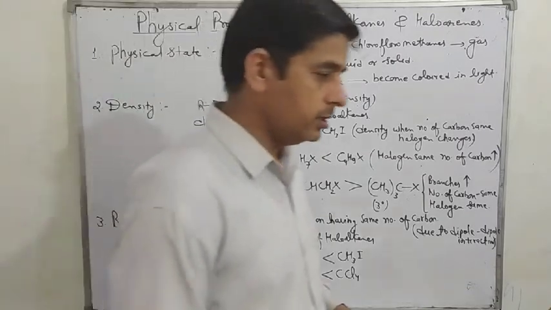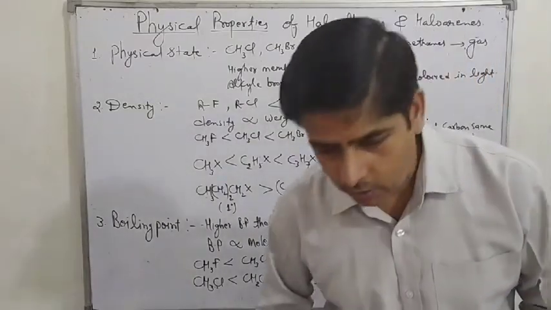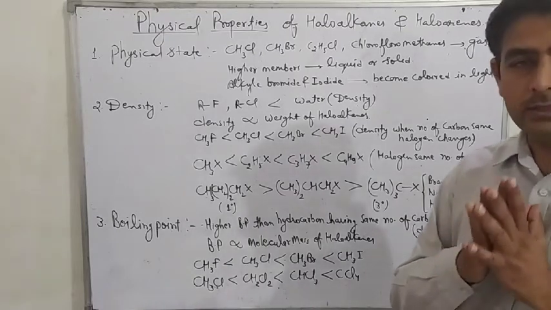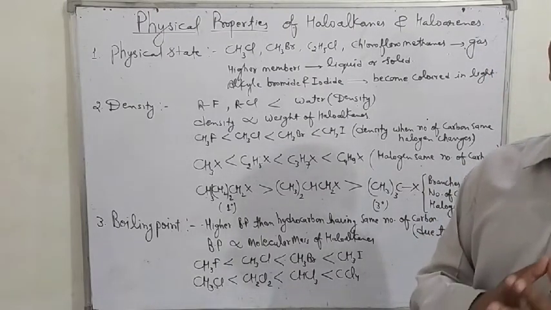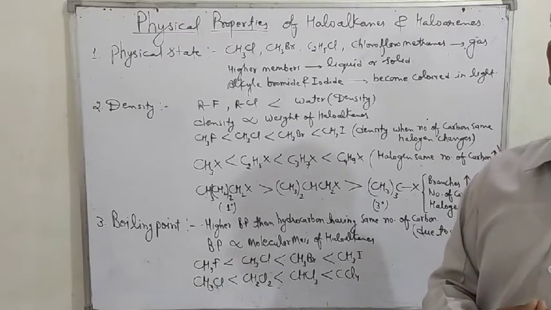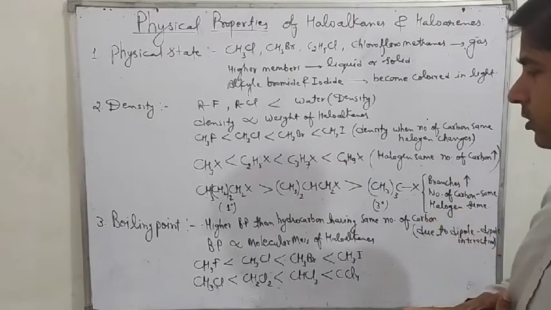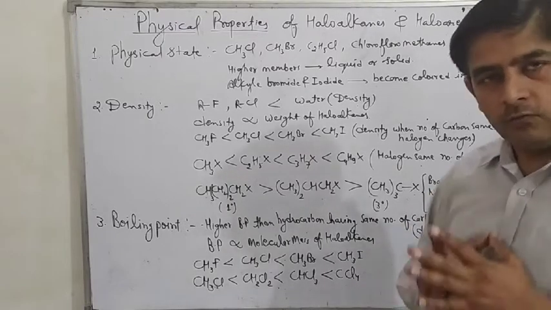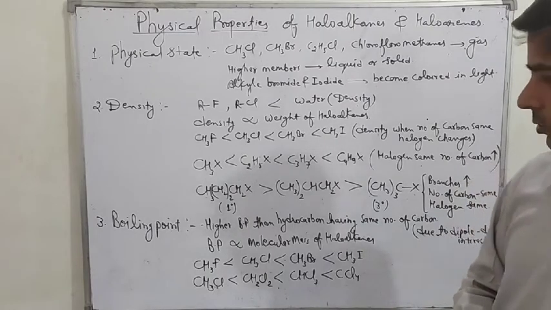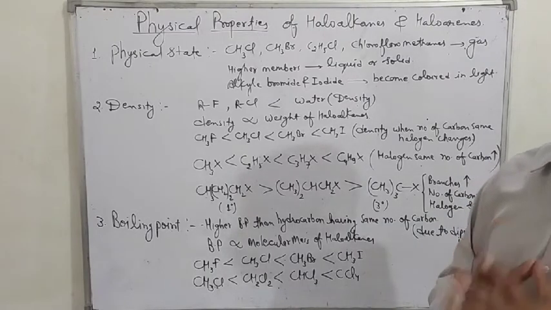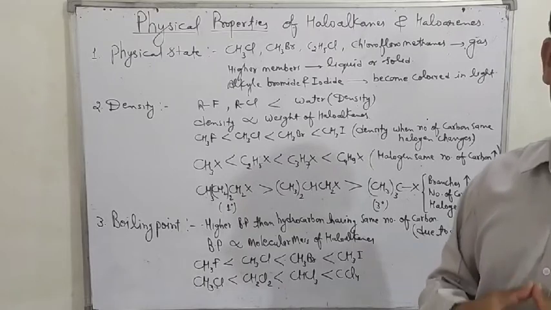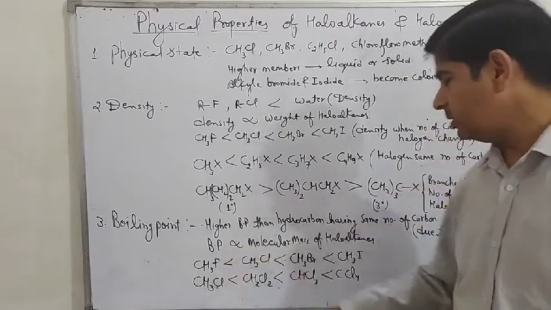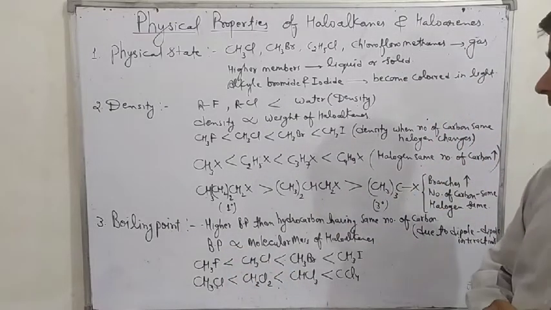So we can conclude that when the number of carbons is the same, the compounds having a halide group will have the greater boiling point because of polarity. The more polar the compound, the higher the boiling point. The next point is that boiling point is directly proportional to the molecular mass of the haloalkane.